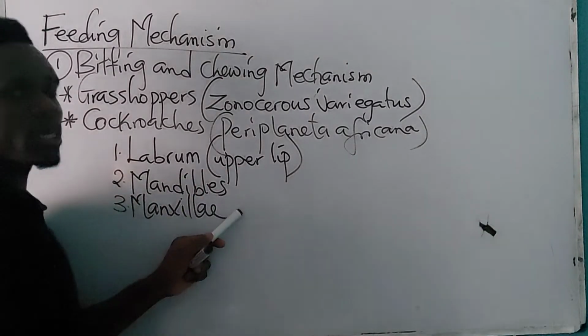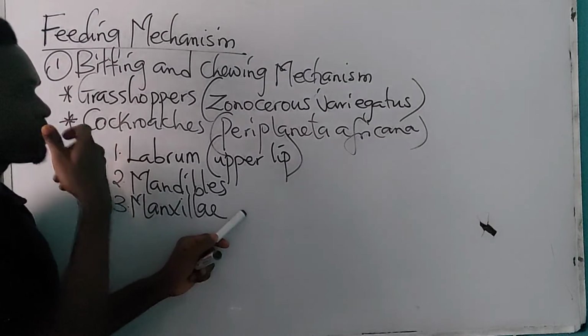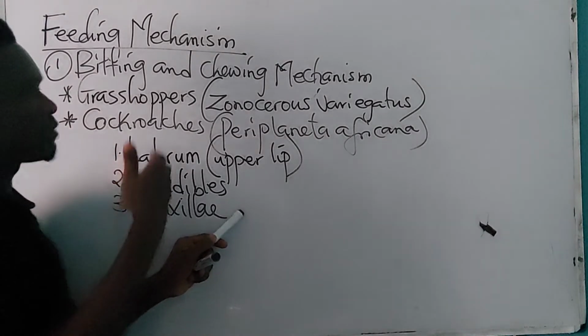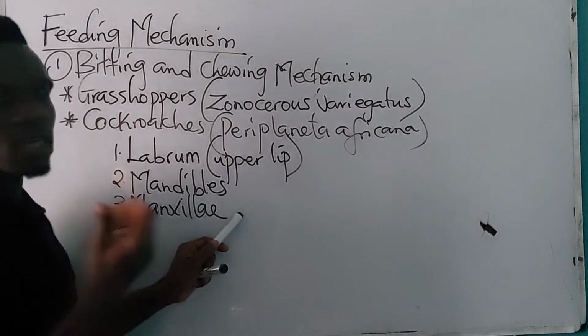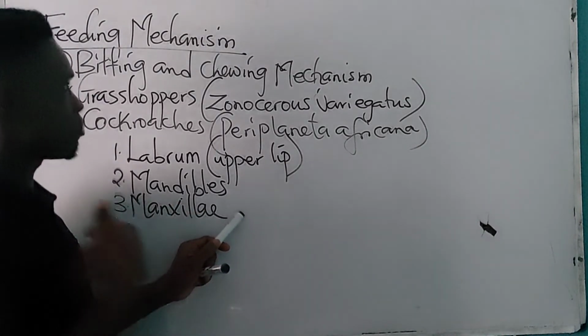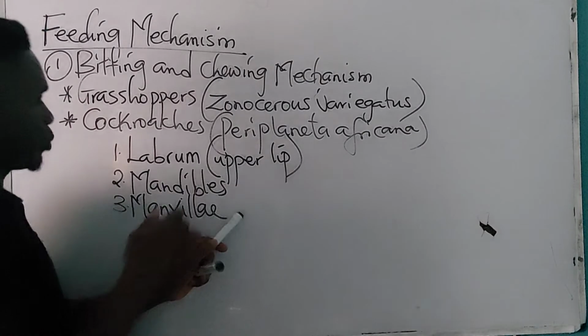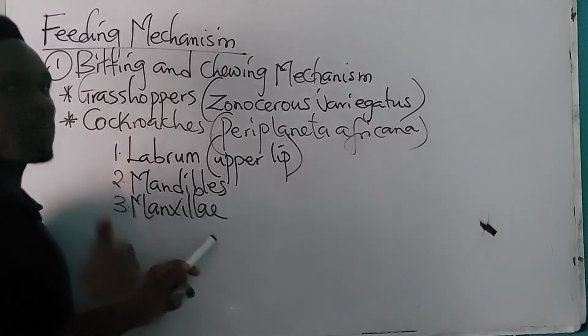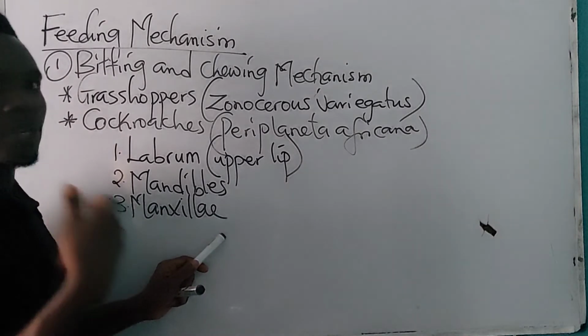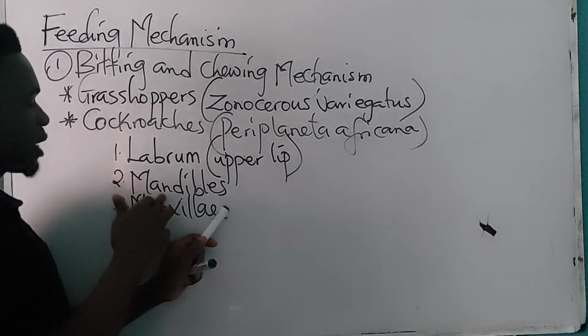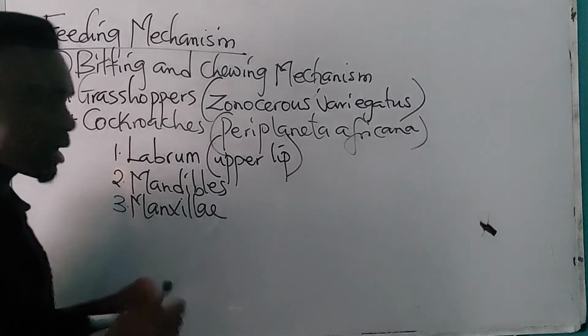Now I said labrum prevents food materials from falling off the mouth of these organisms. The mandibles are heavily toothed and jaw-like in nature, and they help for biting and chewing. The maxillae chew the food materials that were initially masticated by the mandibles.